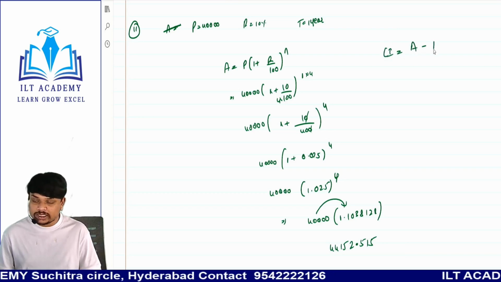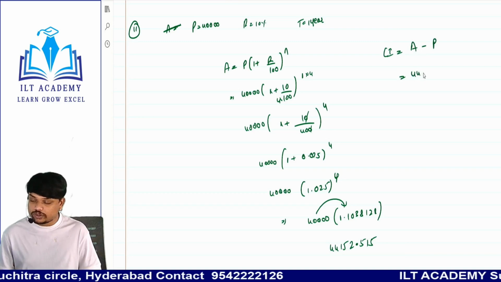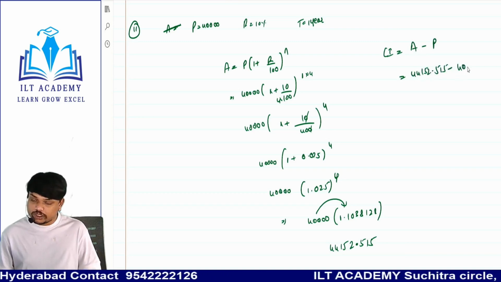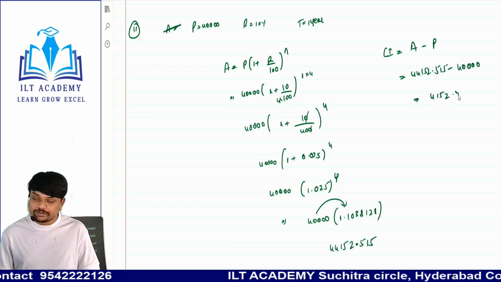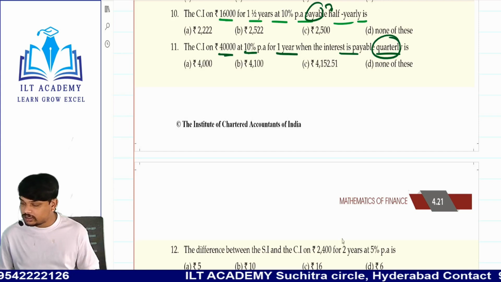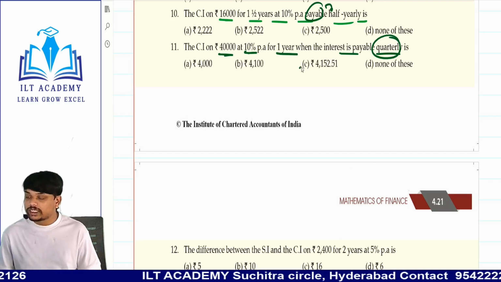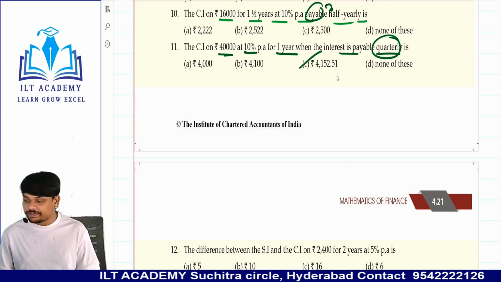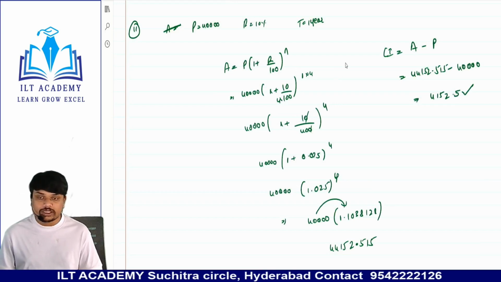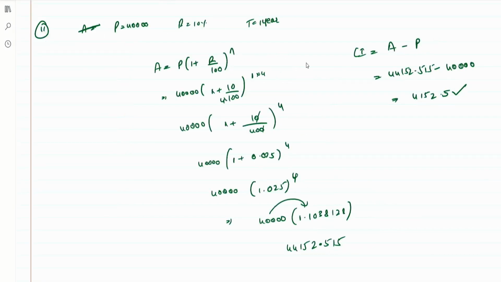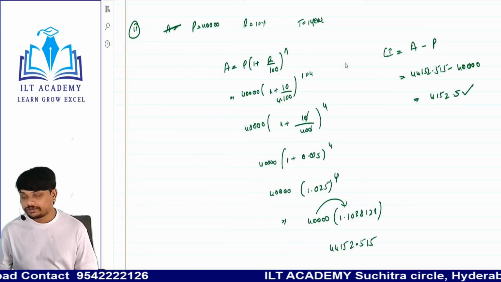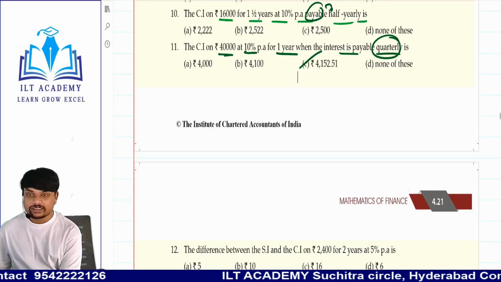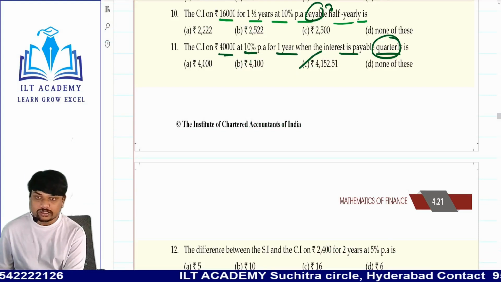So amount minus principal: 44152.515 minus 40,000 is 4152.51. This is the answer, 4152.51. Got it? Now the 11th one is done. Now let us continue with the 12th one.